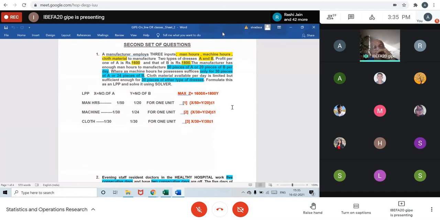In primal, how many variables we have? 2. And how many constraints? 3. So how many variables in dual? 3. Which are they? The cost, man hours, machine hours, and cloth material. So that has to be minimized, isn't it?